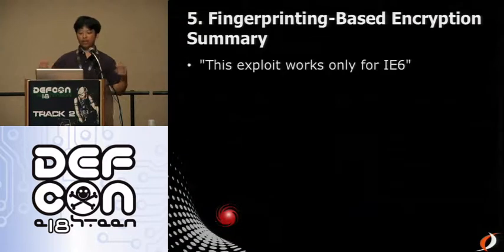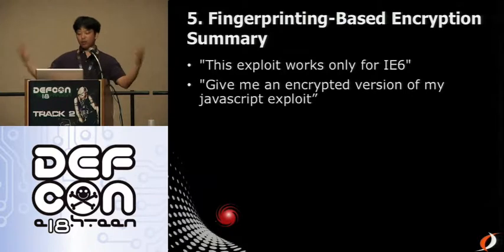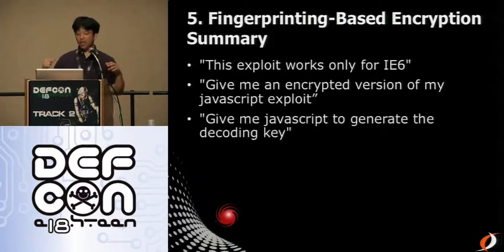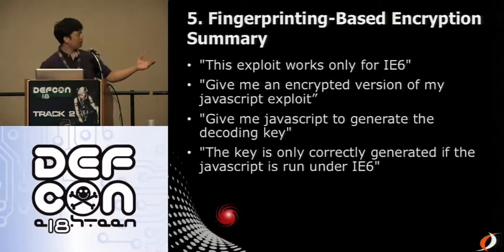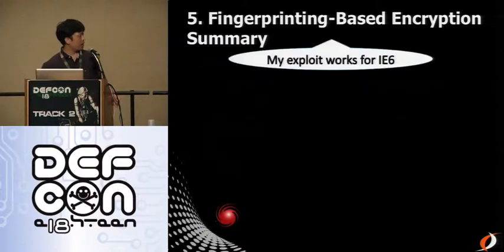So you would say, okay, this exploit works only for IE6. Give me an encrypted version of my JavaScript exploit, and give me JavaScript to generate the decoding key. And the key is only correctly generated if the JavaScript is run under IE6.